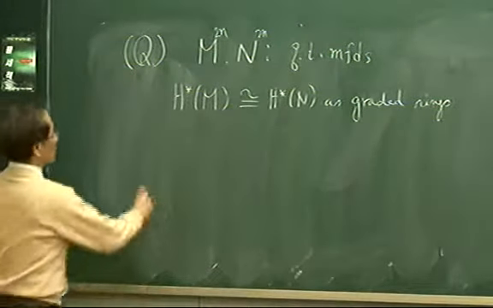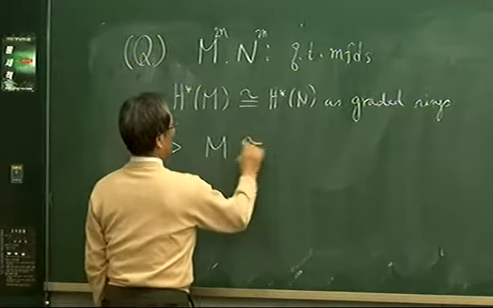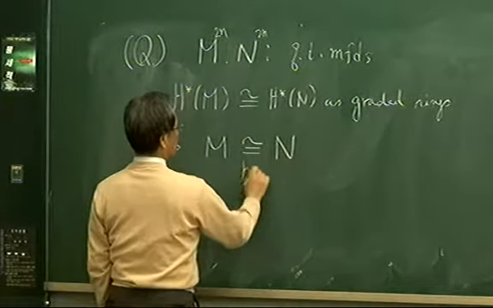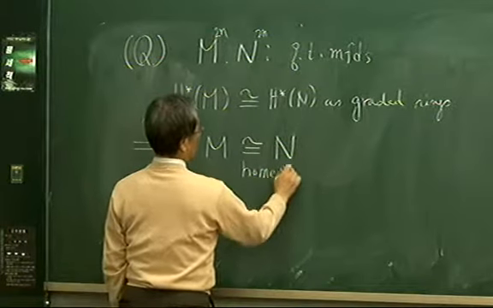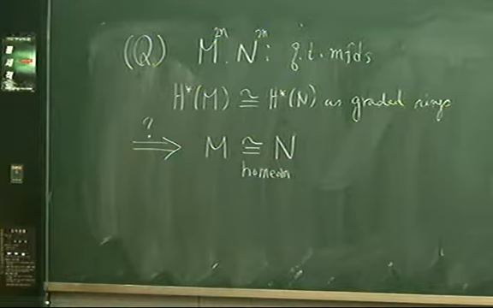Then does this imply that M is homeomorphic to N? This looks very rude, right? Because cohomology is not a very nice invariant to distinguish spaces. But so far, no counterexample to this problem.